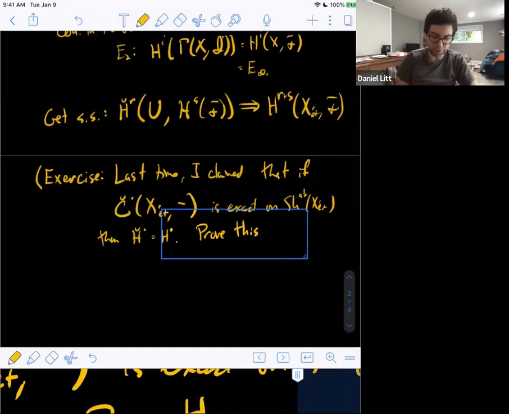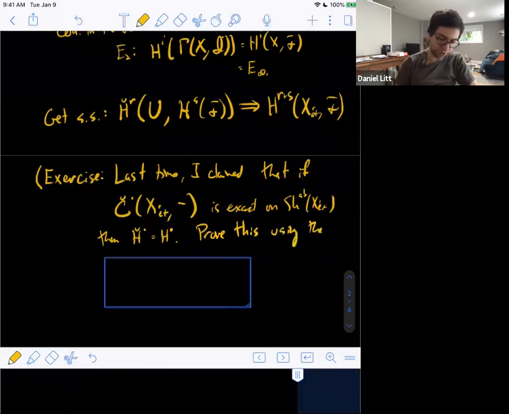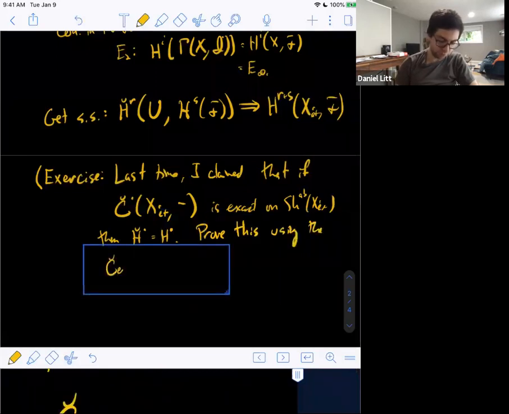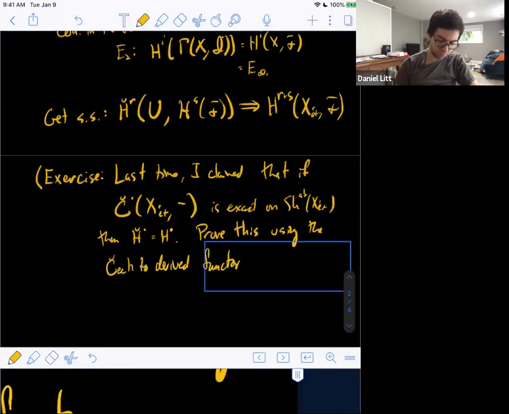So maybe the exercise is to prove this using the Čech-to-derived functor spectral sequence. You'll see it's actually not so hard. You'll see that in fact this E2 page becomes very, very simple if C bullet is exact.